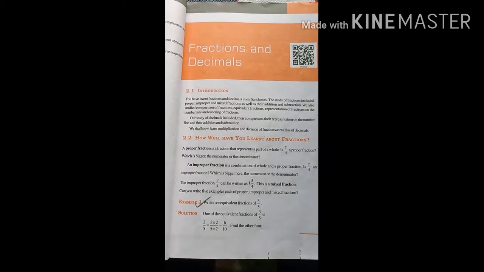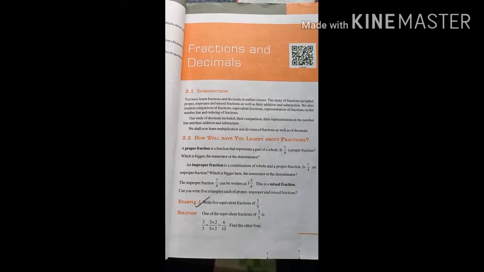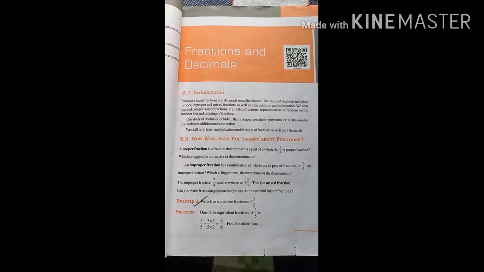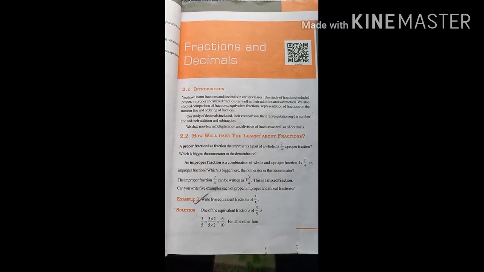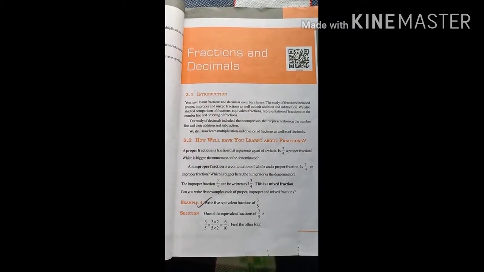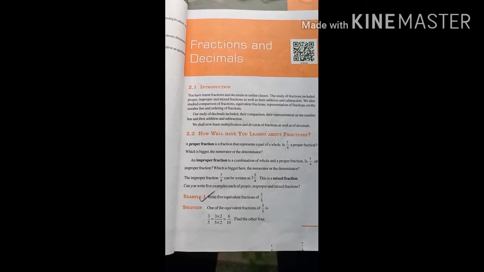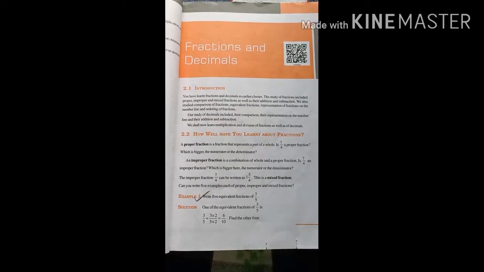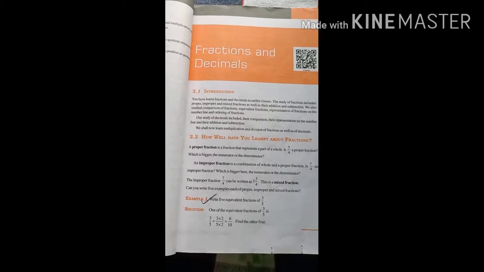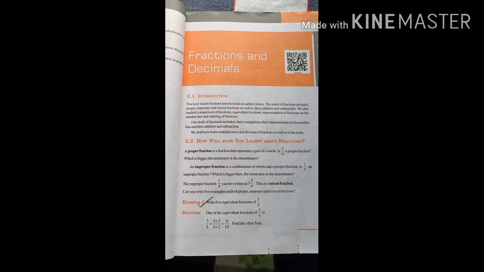Good morning, students. Last time we just started the second chapter, that is fractions and decimals, and we discussed the types of fraction: proper fraction, improper fraction, mixed fraction, and also decimal fraction, equivalent fraction, like fraction, unlike fraction.